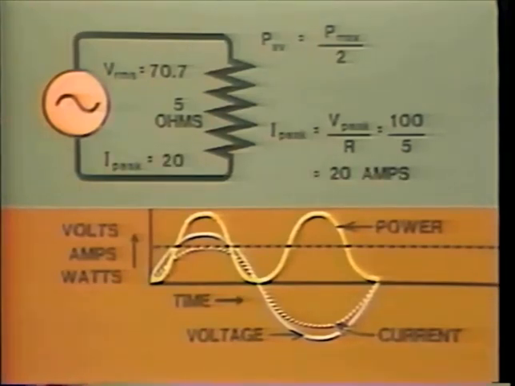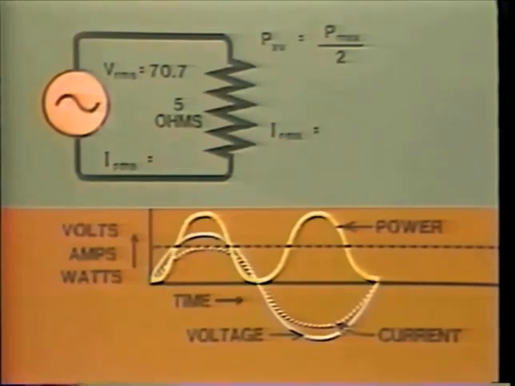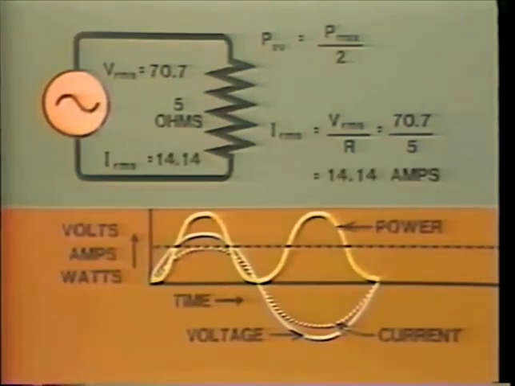RMS current could also be calculated using RMS voltage. RMS voltage divided by resistance is equal to 70.7 volts divided by 5 ohms, which equals 14.14 amps RMS.